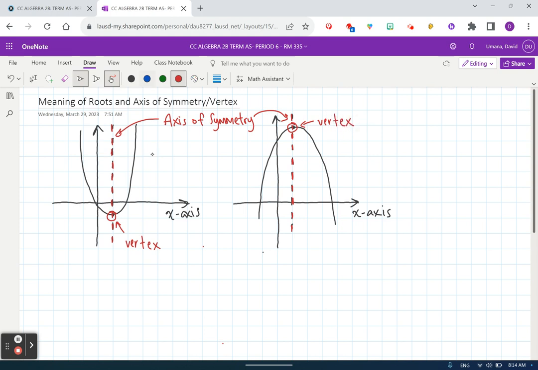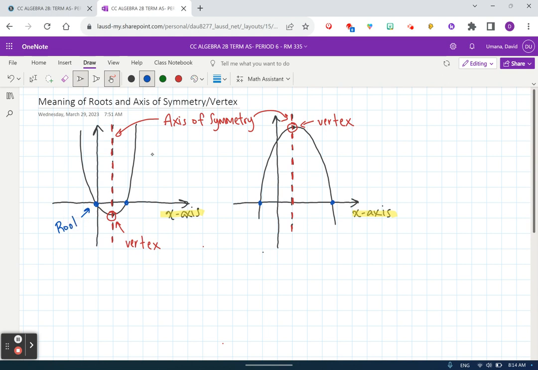The other thing that we are constantly on the lookout for is when this curve is going to cross the x-axis. Each time it crosses the x-axis, we refer to those points, either here, there, here, or there, as the roots.